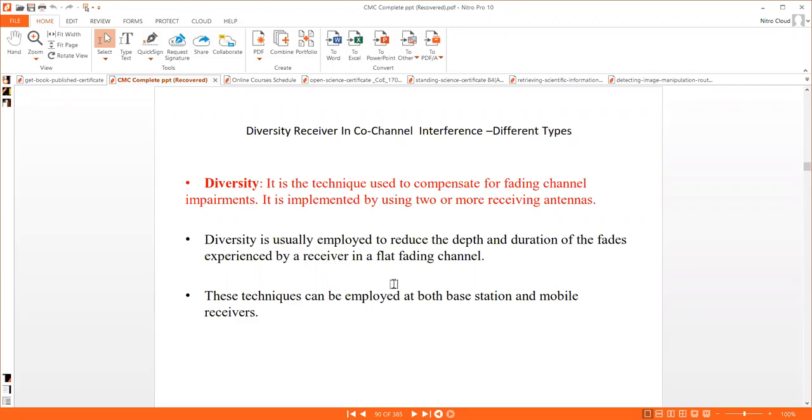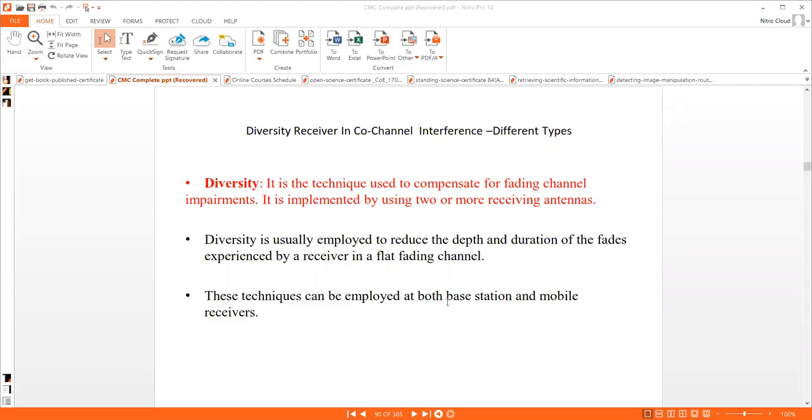Depth means how much damage it is going to do to a particular channel, and that is going to be reduced. At the same time, the time required for the fading channel to disturb the voice channel is reduced with the help of the diversity scheme.